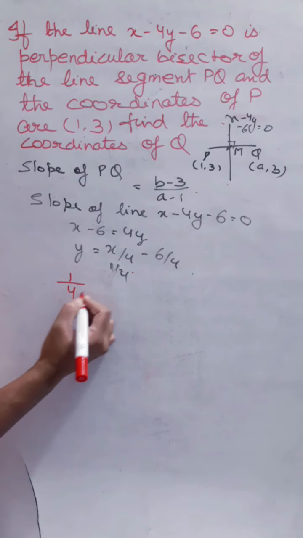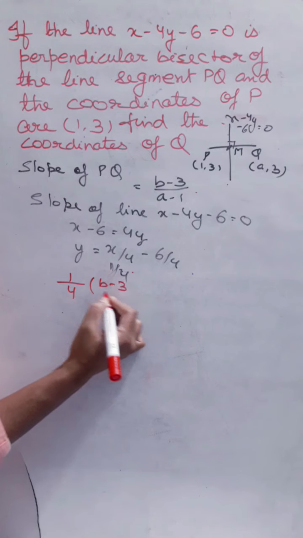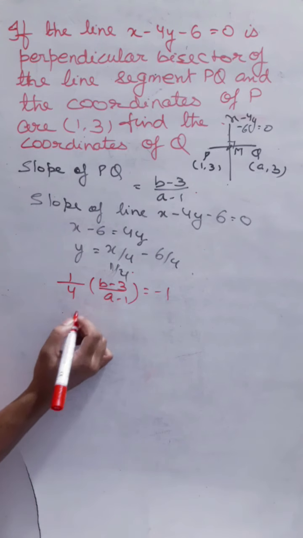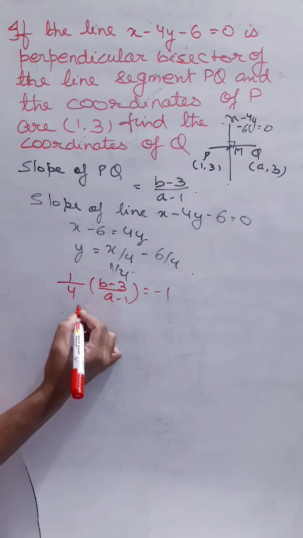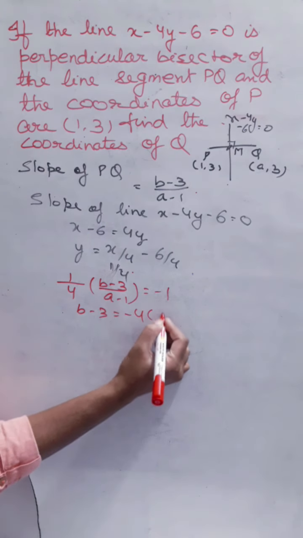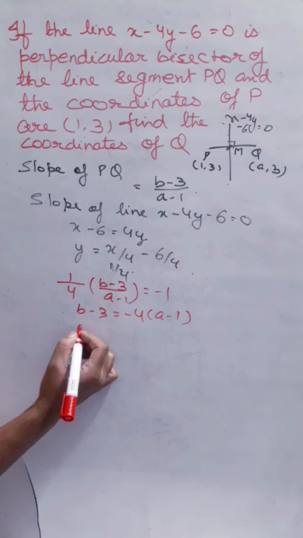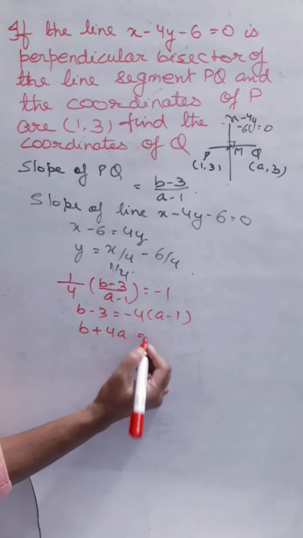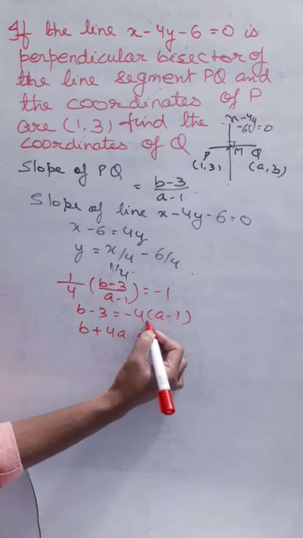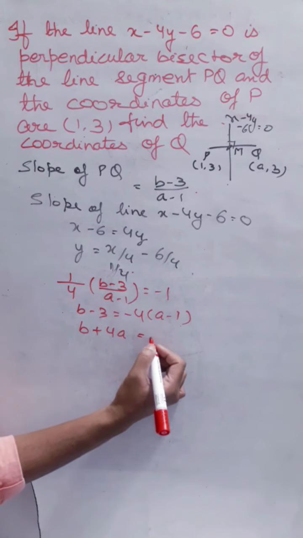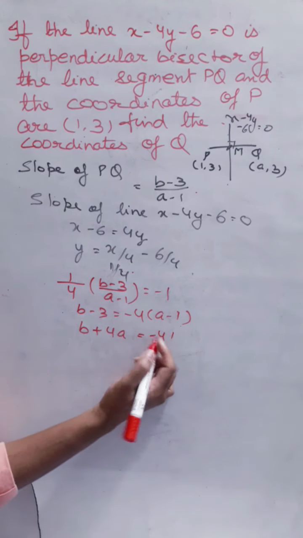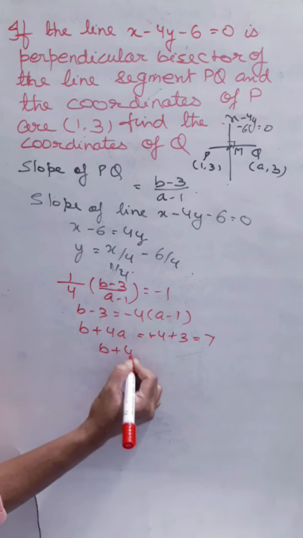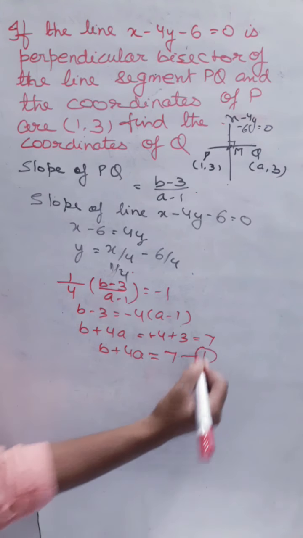So 1/4 multiplied by (b - 3)/(a - 1) equals -1. Multiplying 4 and (a - 1) to the other side, b - 3 = -4(a - 1), and solving this, b + 4a = 7. So b + 4a = 7 is your first equation.